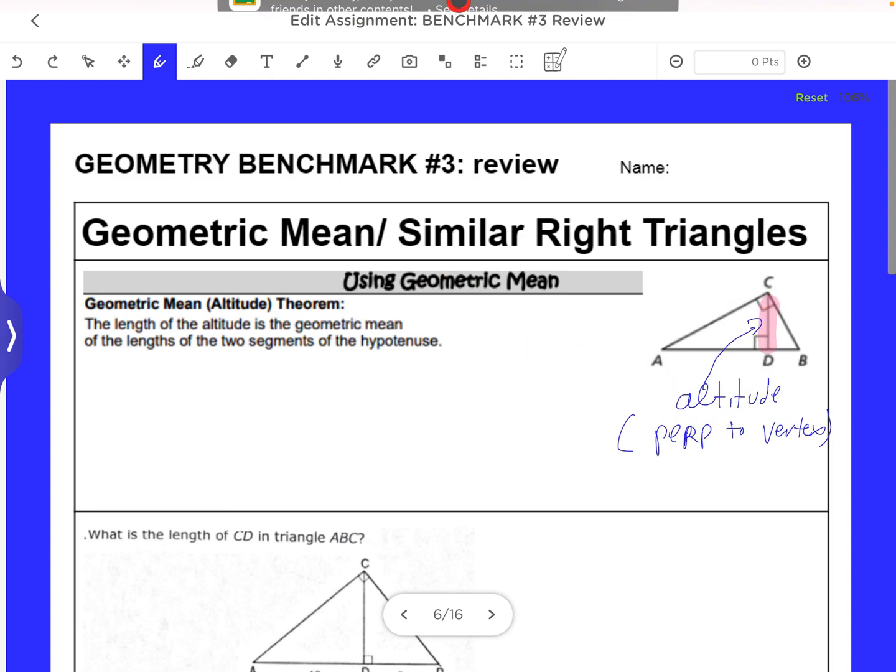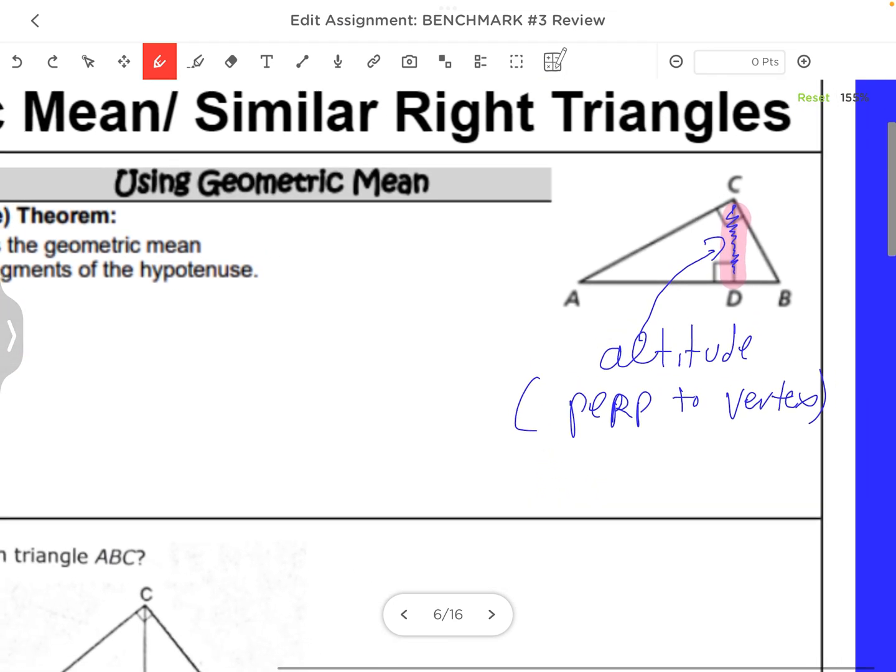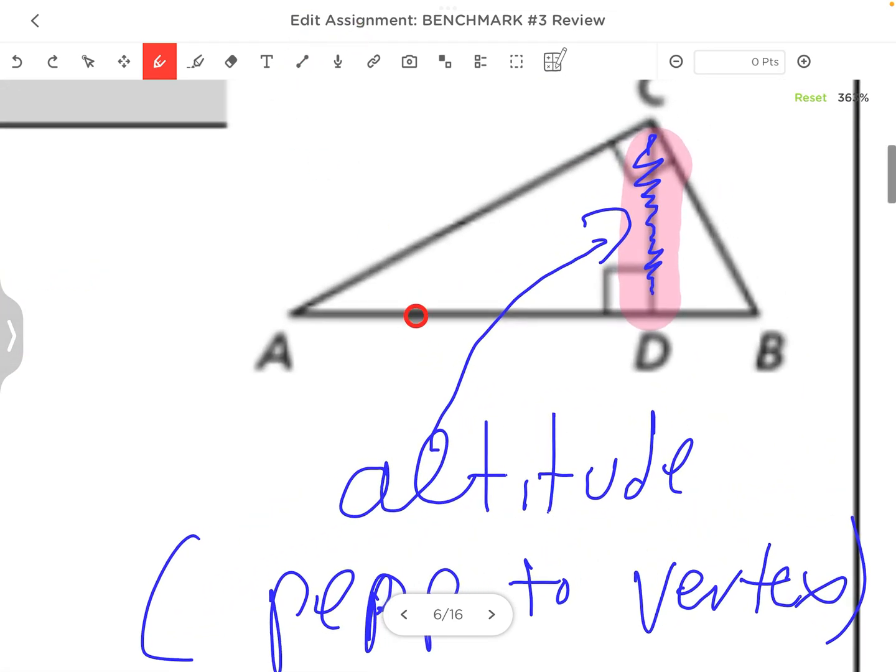And so here's how we calculate that, right? So if we're trying to find that value, that right over there, we're going to say that this creates two parts. Okay, so this one is going to be part number 1. Okay, and then this one right over here is part number 2.